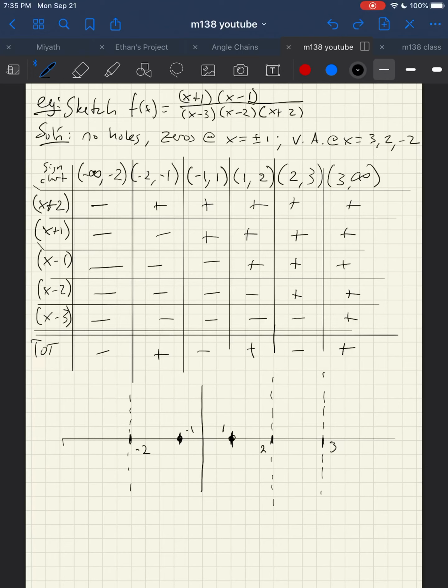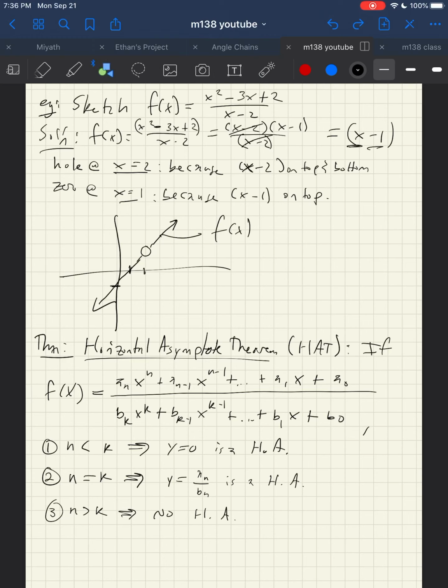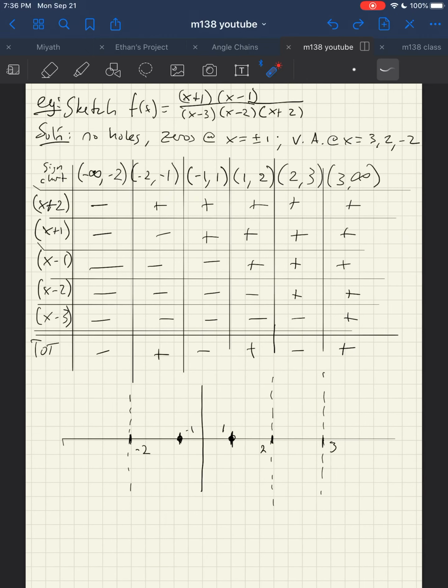So now I know when this thing is positive and negative. It starts out negative, which means I'm going to be coming in from, oh, I've left out one thing. Where's our horizontal asymptote? What does the horizontal asymptote theorem say? Let's go back to the hat. The horizontal asymptote theorem tells us that if the degree of the numerator is less than the degree of the denominator, then we have y equals 0 as our horizontal asymptote.